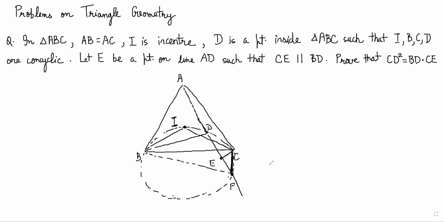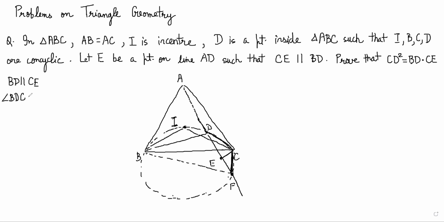Okay. Now we know that BD is parallel to CE. So you can mentally think of joining D and C as well, with a straight line.